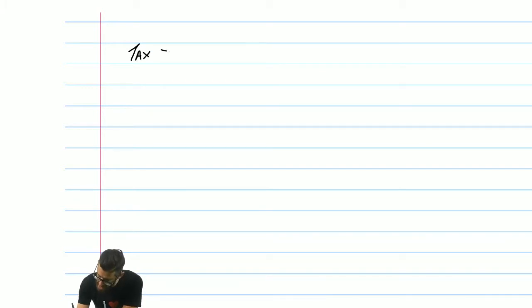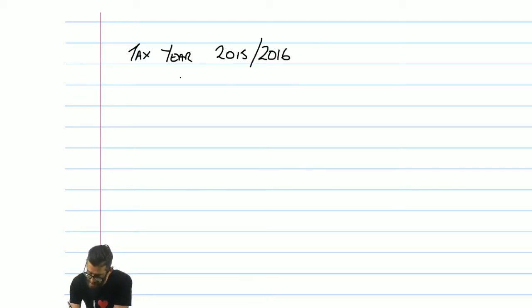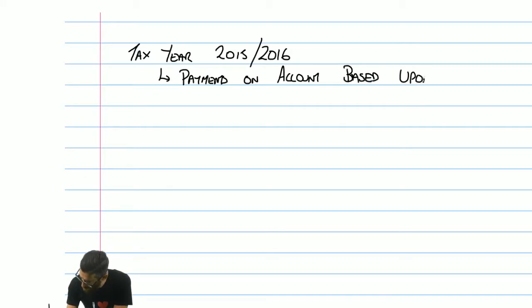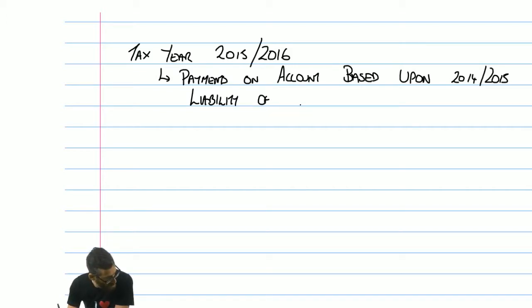So the tax year 2015-2016, our payments on account will be based upon the 2014-2015 liability of, well, what was it, 4856.